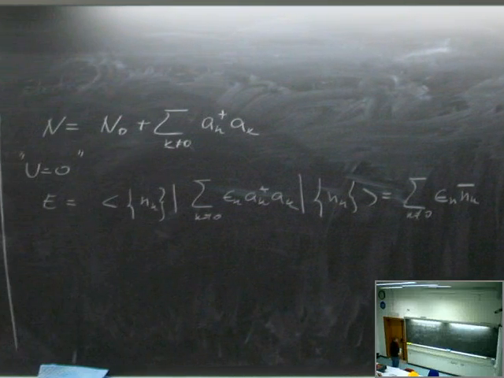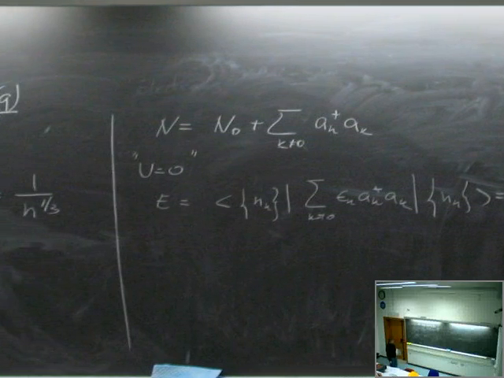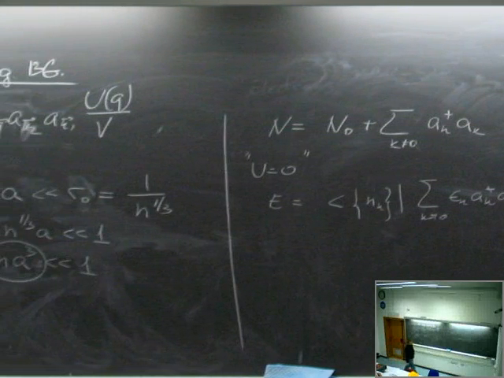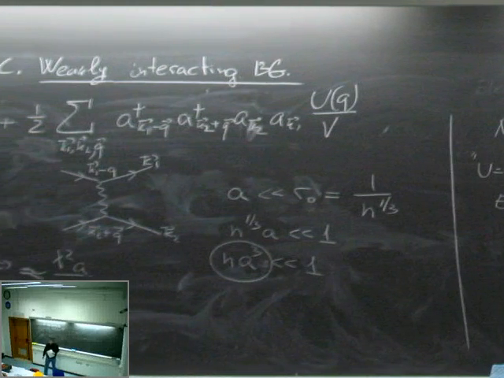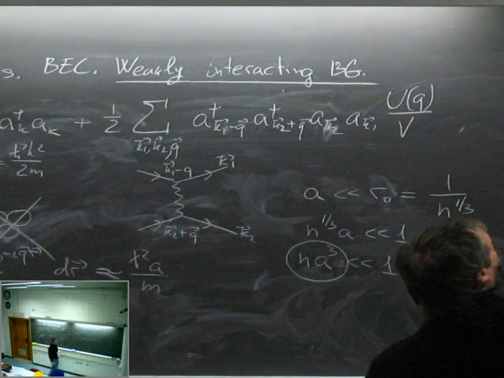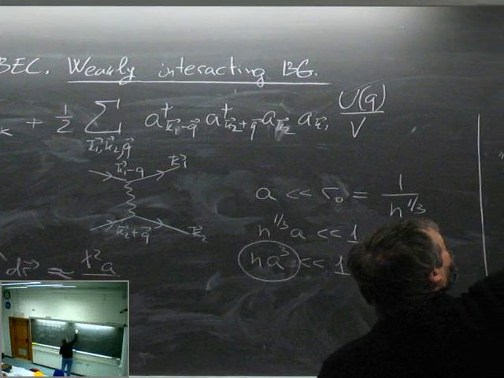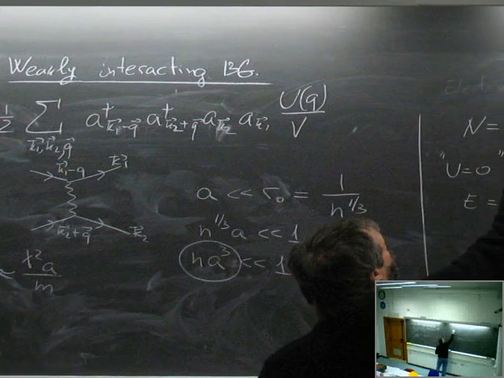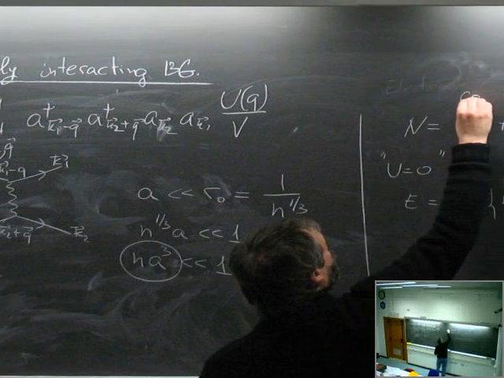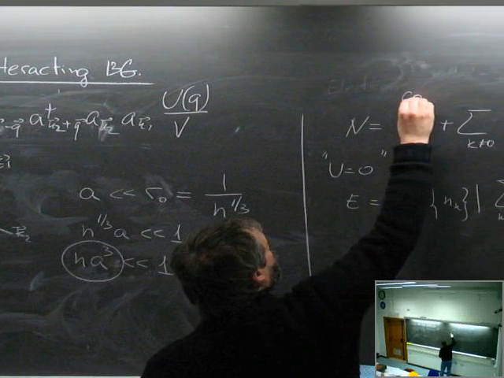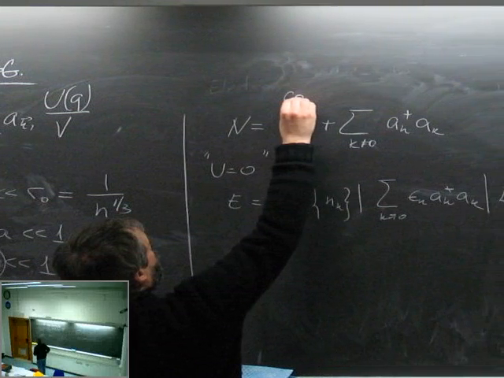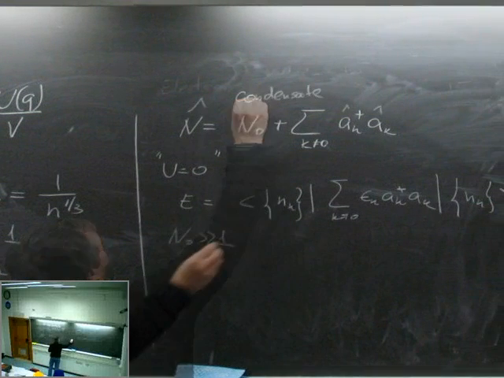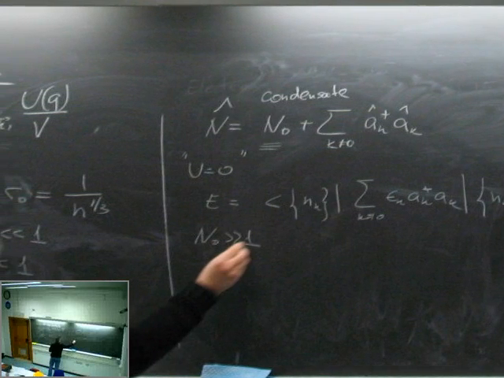day after tomorrow. In order to do it, let's see that there is a macroscopic number of particles occupying the state characterized by zero momentum. So this is the condensate. So although these are operators, this is a number. And this number, N_0, is much larger than 1.